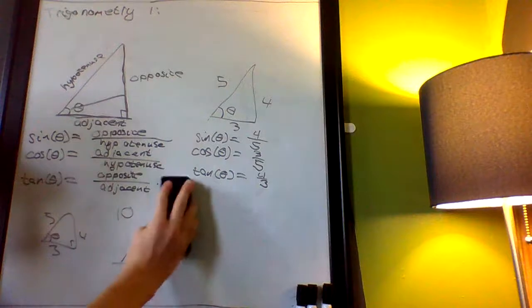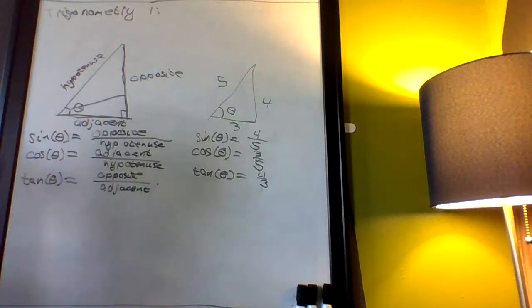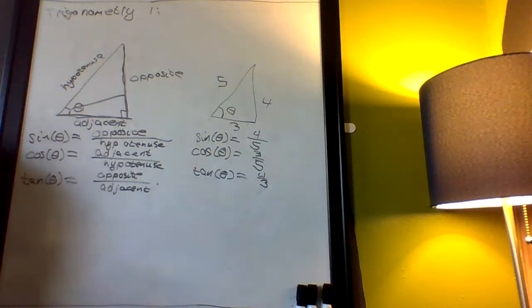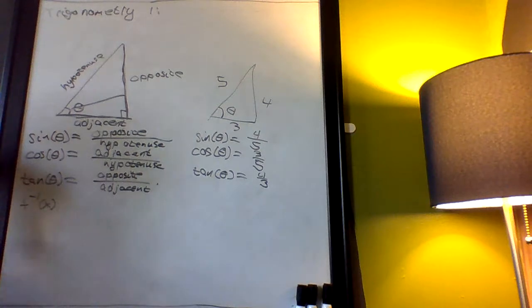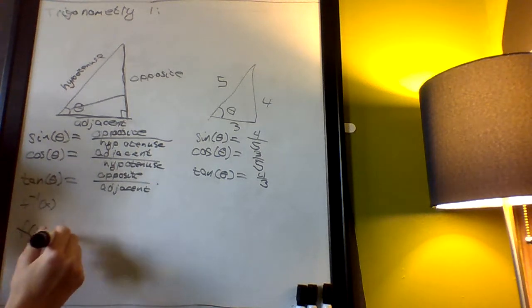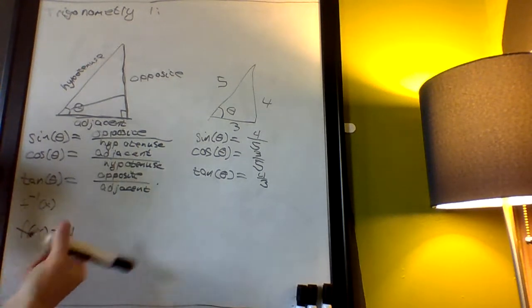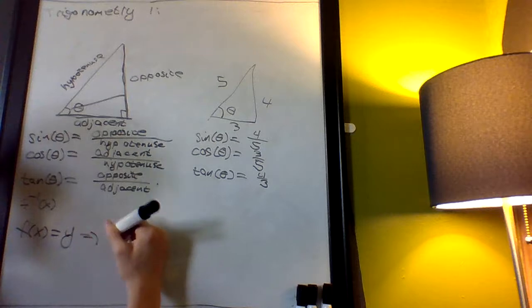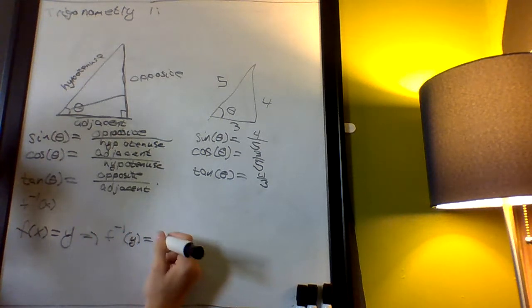So, because it's consistent with the angle, and the ratios are all consistent, we can imagine that there's an inverse function, like f inverse of x. Now, you might not know what this means. It basically means if f of x gives you y, then f inverse of y gives you x.